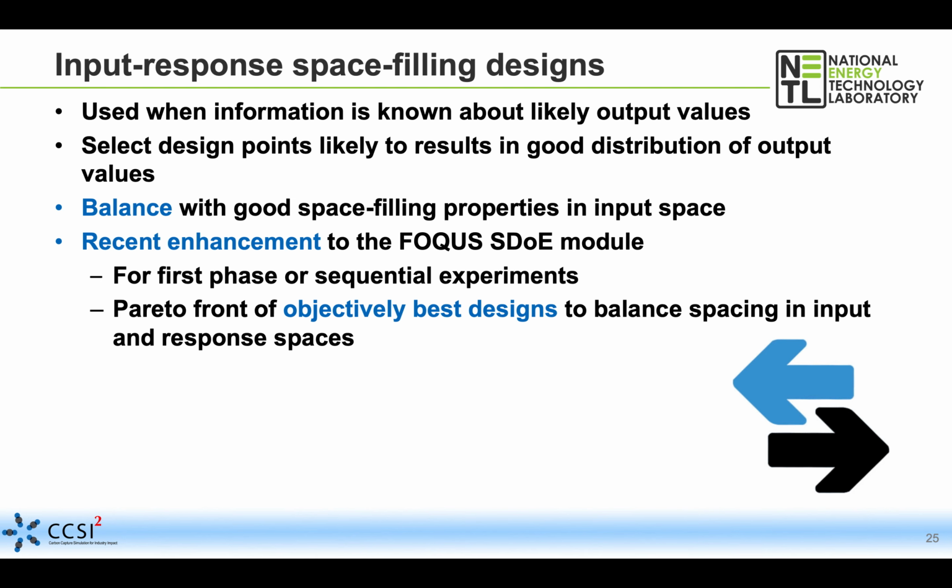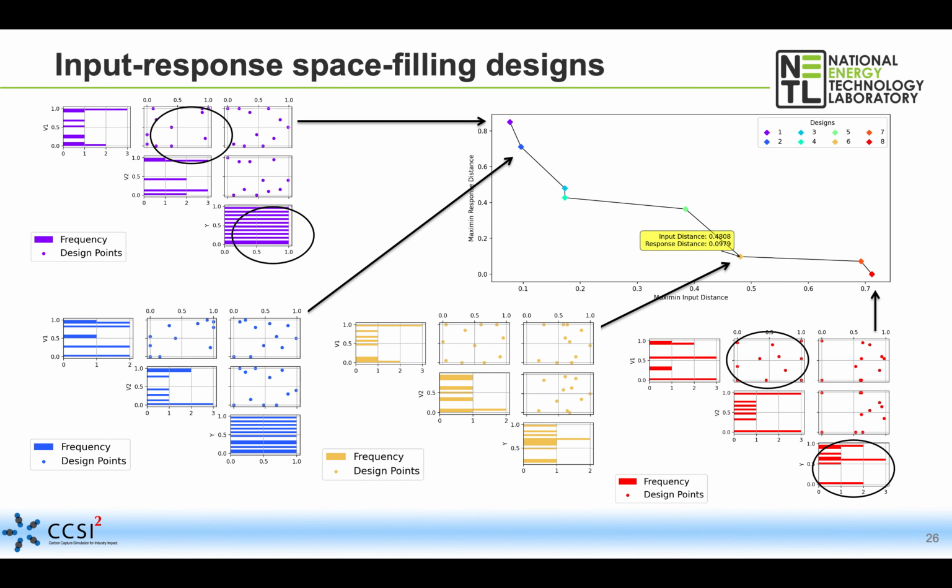The way that this works is by providing the experimenter with a range of potential designs that balance the space filling in the input and response spaces. This is what that range of designs looks like. In the upper left corner in purple, we have the design on one end of that spectrum, which puts all the weight on providing balance in the space of the outputs. That means that the input space is going to be less covered.